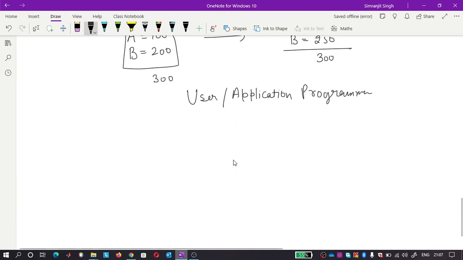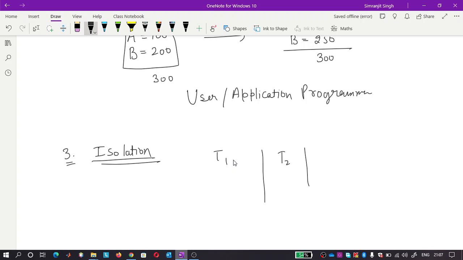The third one is isolation. It is again in the name. Isolation means that each transaction must be executed without knowing what is happening with other transactions. Suppose there are 4 transactions executed at the same time, but transaction T1 will think only I am executing at this time.